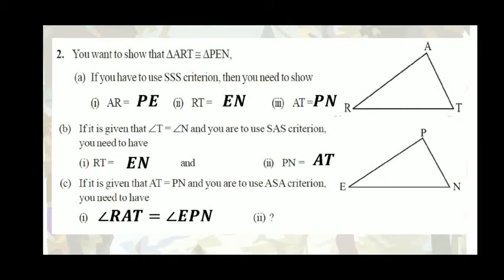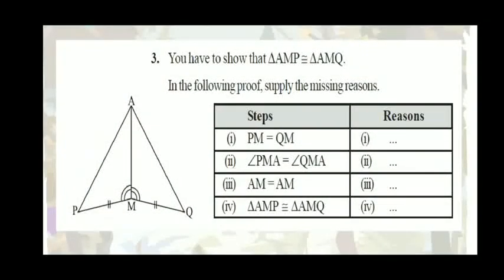But sometimes we have adjacent angles, and in those cases we have to have full names. That's why, to make it easier in higher grades, I have written the full names, that is angle RAT and angle EPN. Likewise angle RTA and angle ENP, angle T and angle N should be equal. That's how ASA test would work for that triangle.